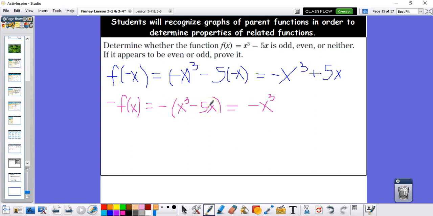Negative times a negative 5x is a positive 5x. And what do we see? Well, we see that f of negative x equals negative f of x. So what does that tell me? No, it doesn't tell me they're even. It tells me they're odd. It tells me that f of x is odd.